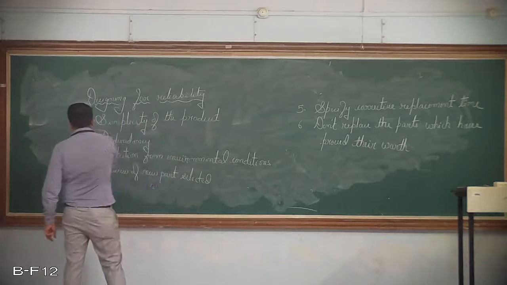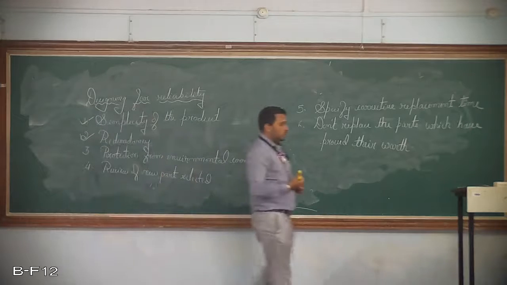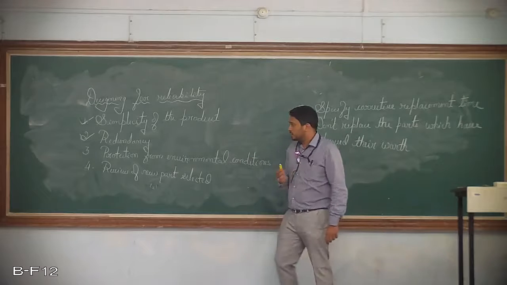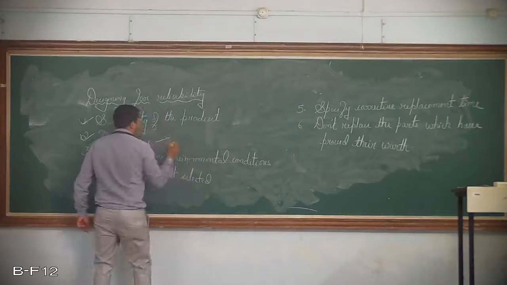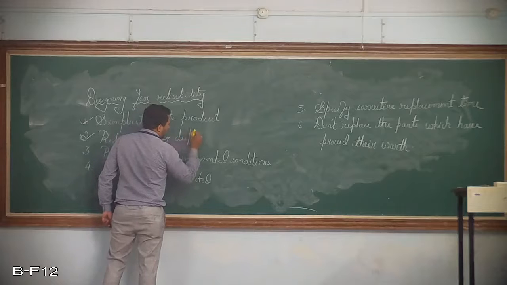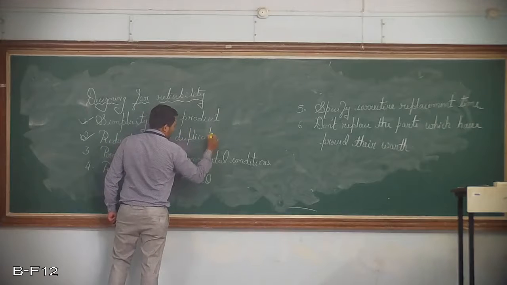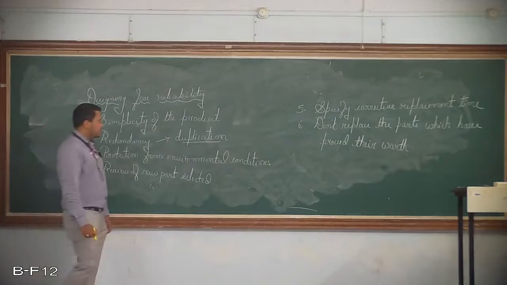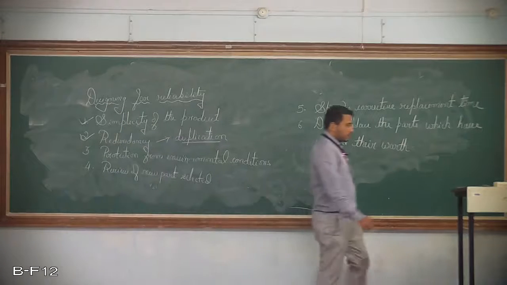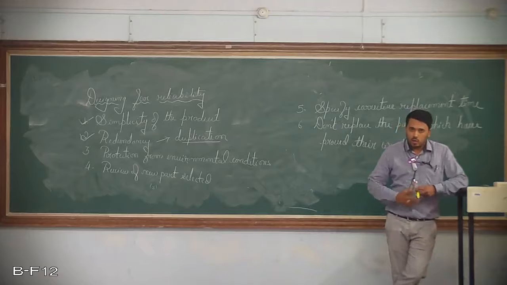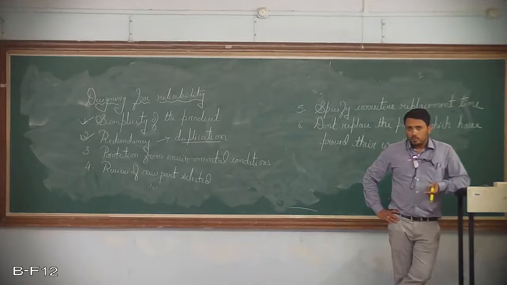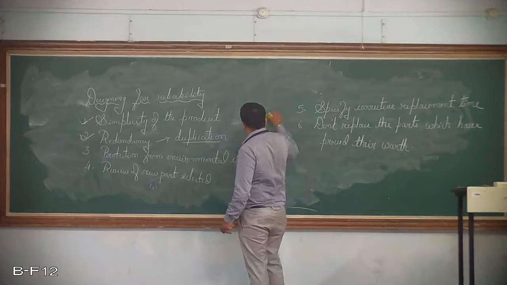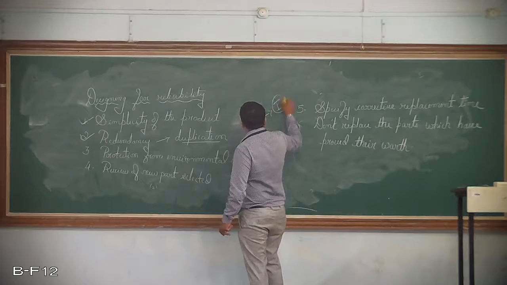The next one is the redundancy. This is one term which plays a very important role in designing a part for its reliability. Redundancy means duplication. Suppose you consider a product, we just assume that it may be having around 10 parts, and those 10 parts are assembled to form a particular product.